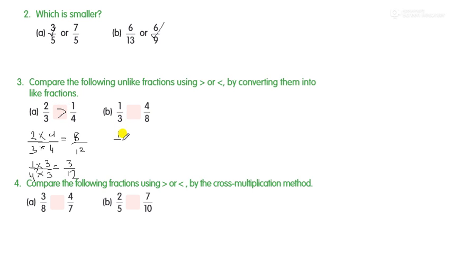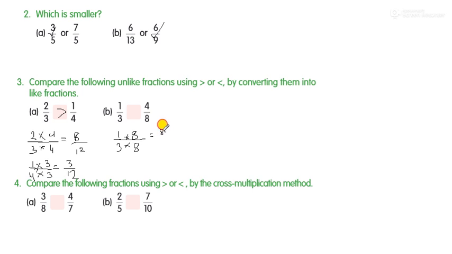Next 1 by 3 and 4 by 8. Now here multiply the numerator and denominator with 8, and here with 4 by 8, multiply numerator and denominator with the 3. So 1 into 8 and 3 into 8.